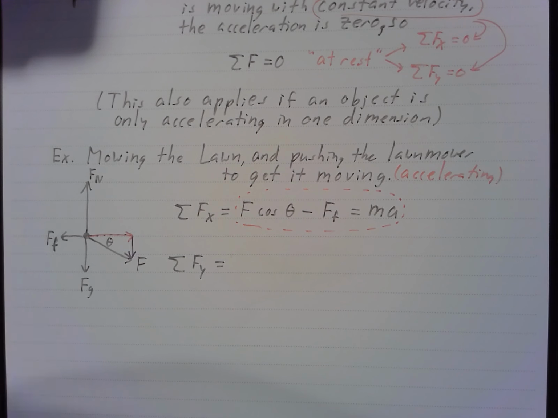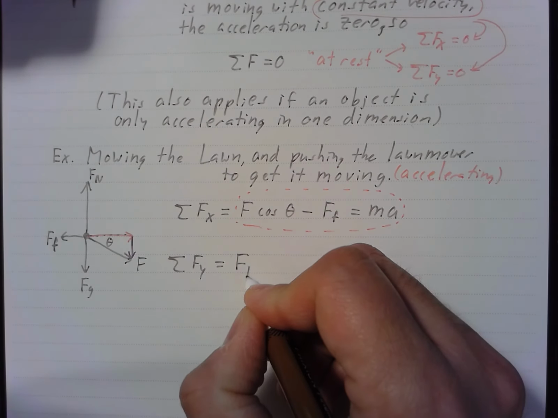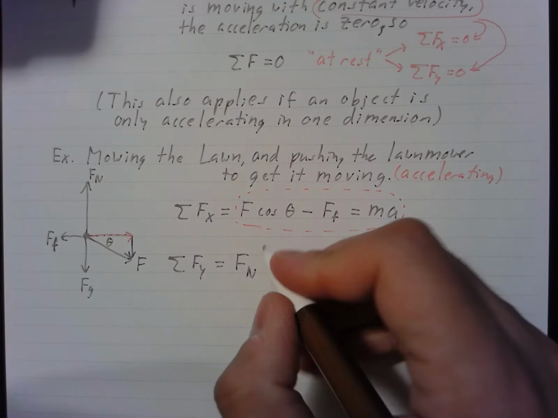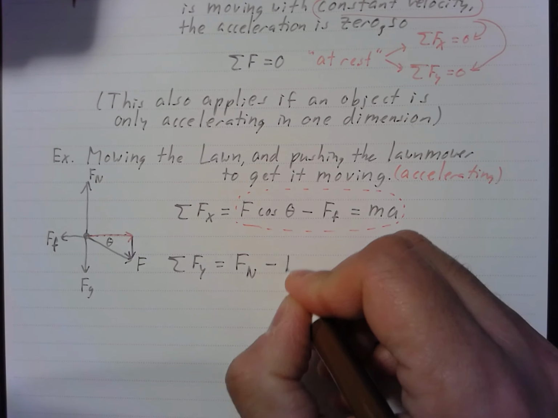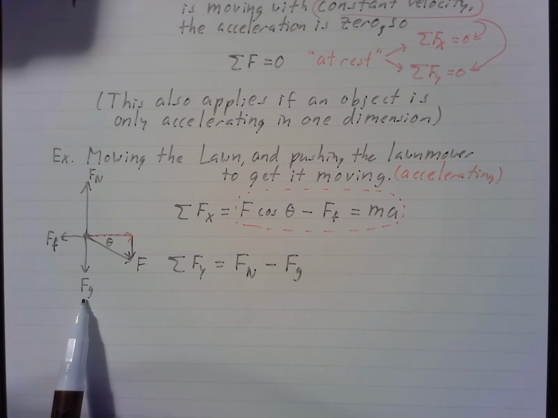But the net force in the y direction is really complicated because of this force F. So if I think about the vertical forces, the easy part is the normal force. The normal force is the positive force in the y direction because it's pointed up. Another easy one is Fg, and that is a negative force because it's pointed down.